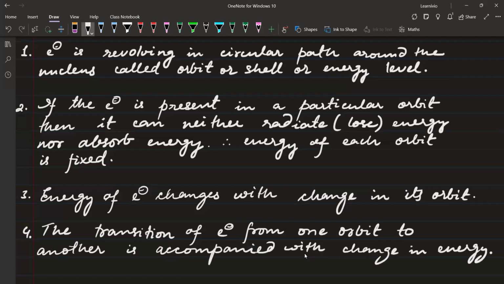Okay. Do you find the second point and the next points a bit contradictory? Yes or no? Please tell me. If you find it contradictory, then I will explain. If you have understood the language of Bohr Sahab, then I don't need to. Contradictory? Yeah, okay, fine. So we are fine.